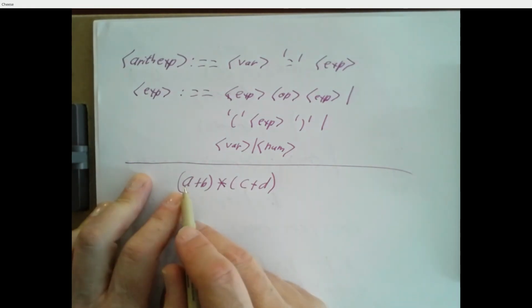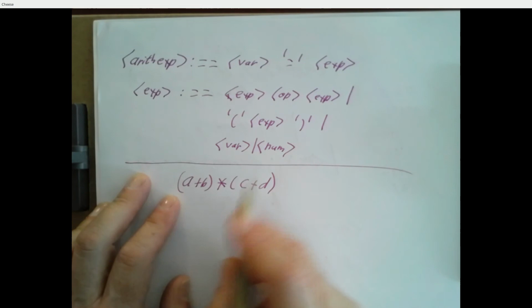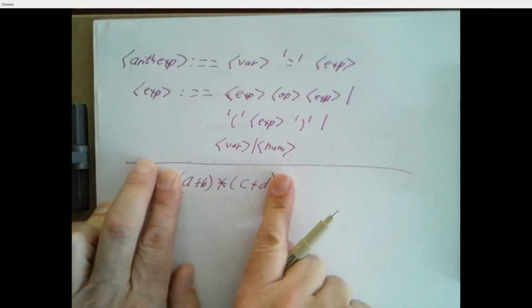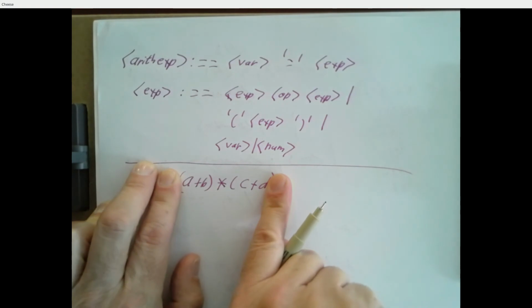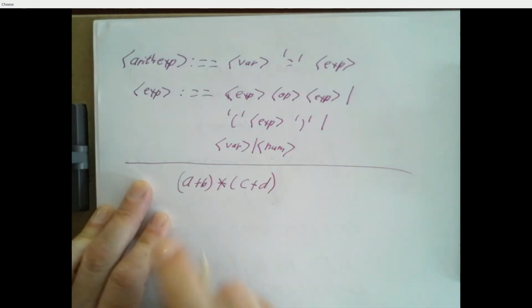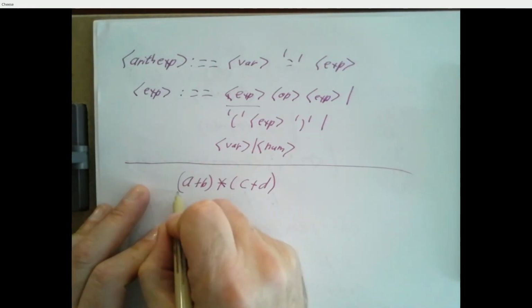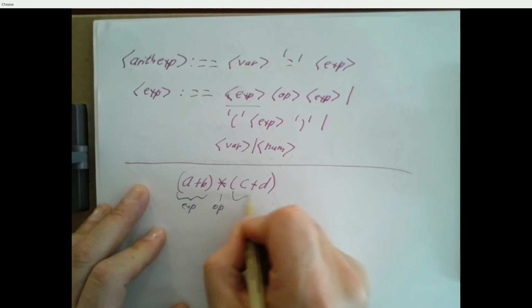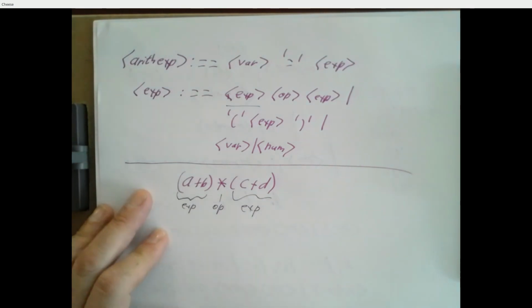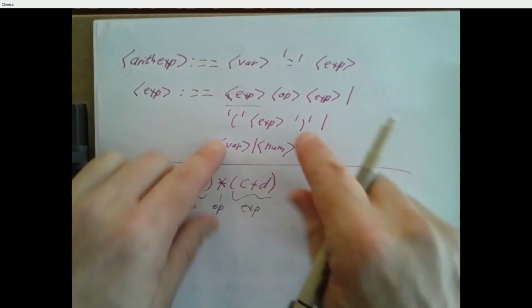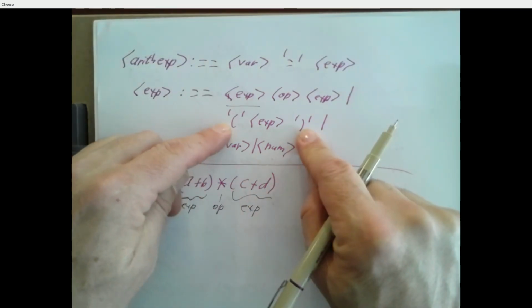It's actually not a parentheses followed by an expression followed by a parentheses, unless all of this stuff in here is an expression and an operation and an expression. Yeah, and that will fail. But it will parse this if this is an expression, this is an operator, and this is an expression. And this will successfully be an expression under this definition of an expression.